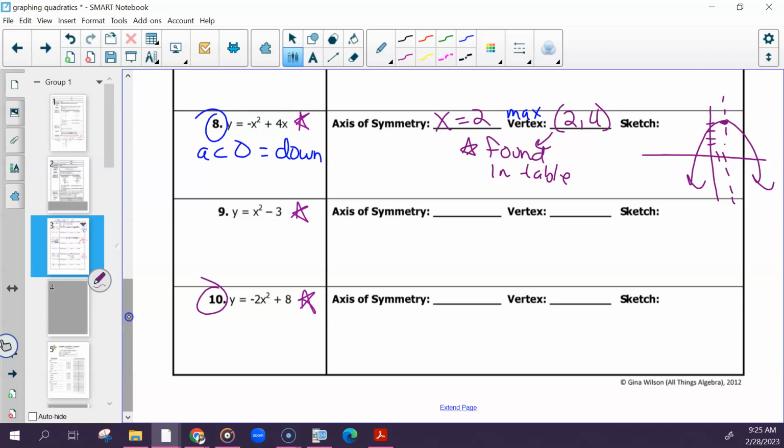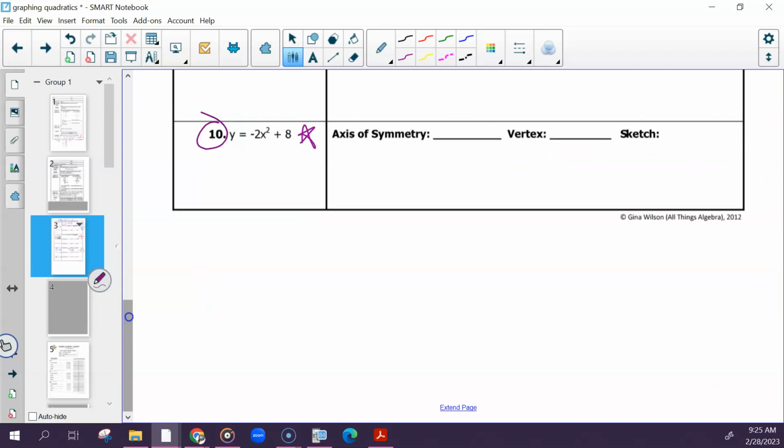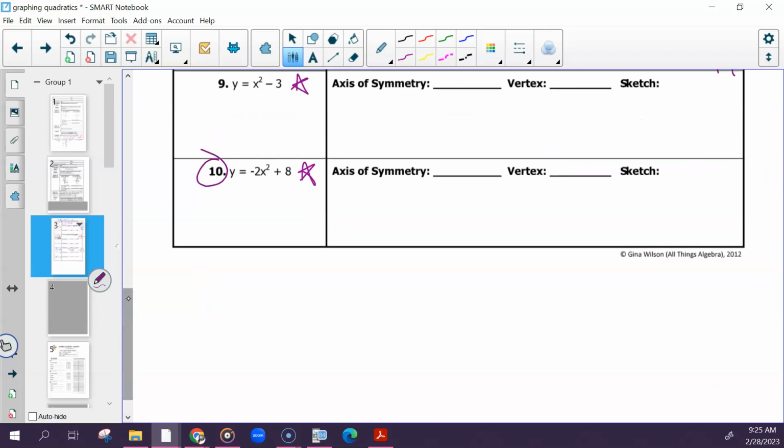Okay. So this one we're going to do algebraically. Let's do the A first. Is this going to face up or down? Down. So this is negative, which makes this a maximum.